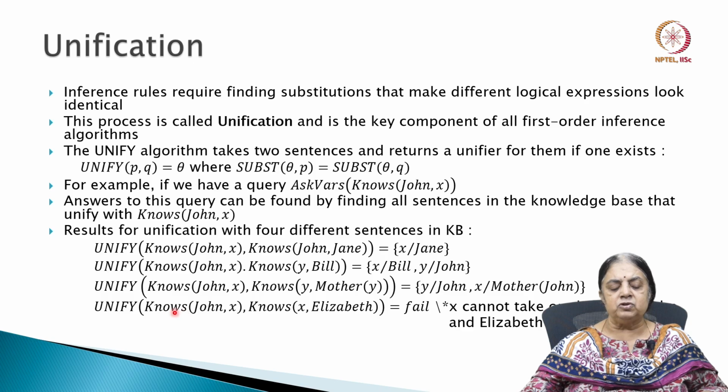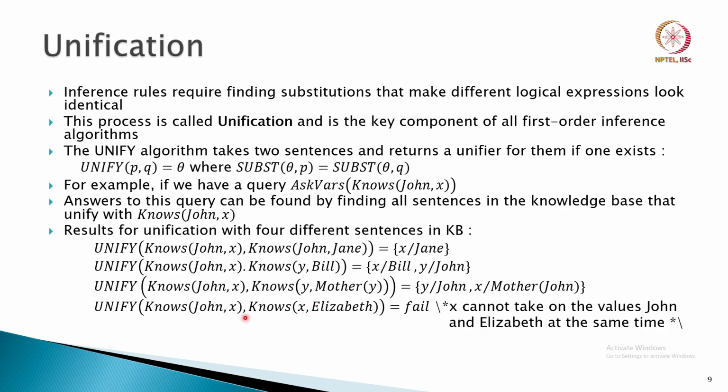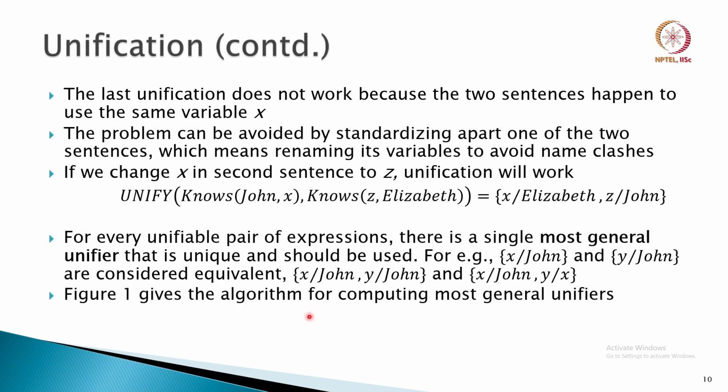For each sentence, your variable should be different. Suppose I have X here and Z over there, then we can say Z is replaced by John and X is replaced by Elizabeth, and it would work. So you need to use different variables in each predicate that you use.